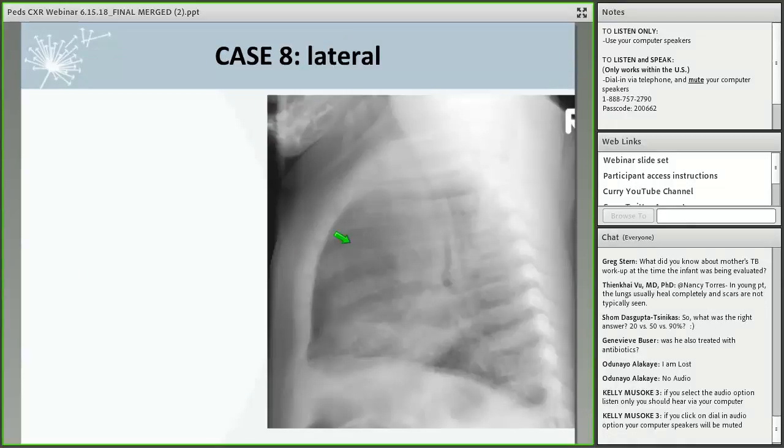So here's the lateral. Once again, you can see that the airway actually is tapered very narrowly. Here's your right upper bronchus, and surrounding it, you can see increased opacity, obscuring actually the right pulmonary artery, suggesting adenopathy. In the subcarinal region, also there's some adenopathy.